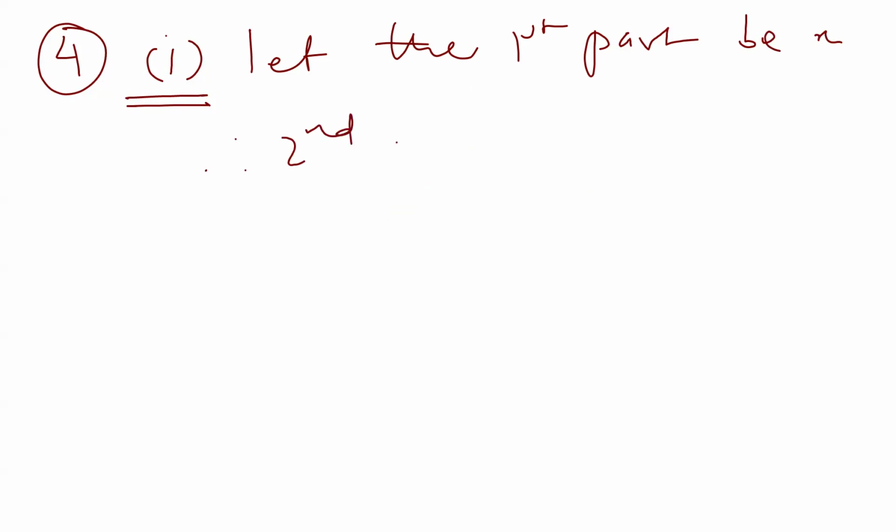Therefore, second part, can someone tell me what will be the second part? What will be the second part? Anyone? Just waiting for your reply. The second part will be 39 minus x.